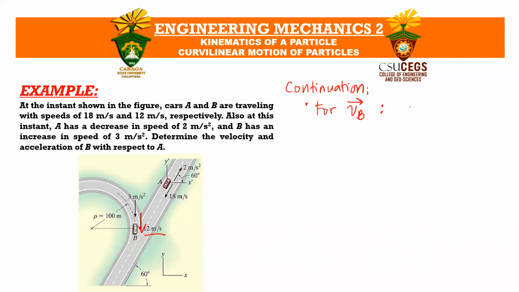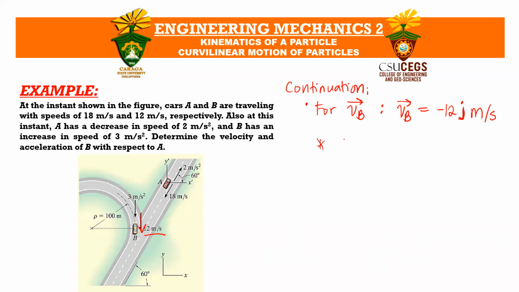So the vector form of your v of B would be equal to negative 12 since it is downward, and the unit vector is j only because the direction of your velocity is acting along the y-axis. So that would be equal to negative 12j meters per second.